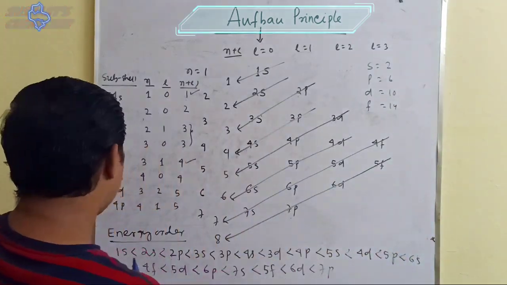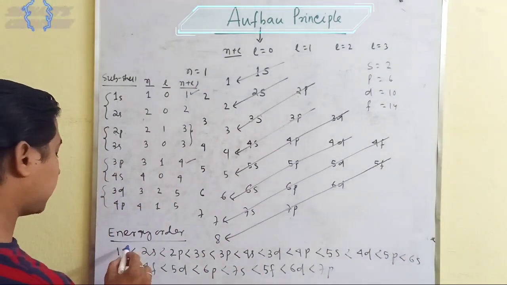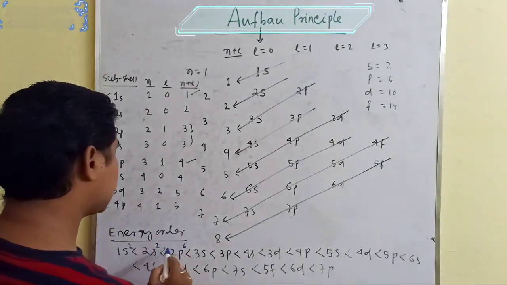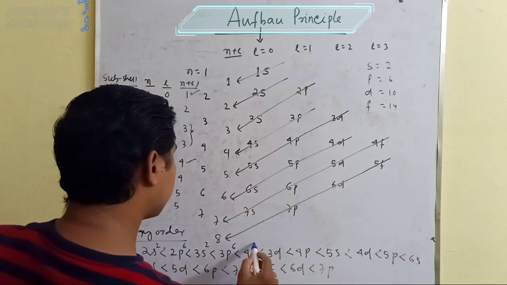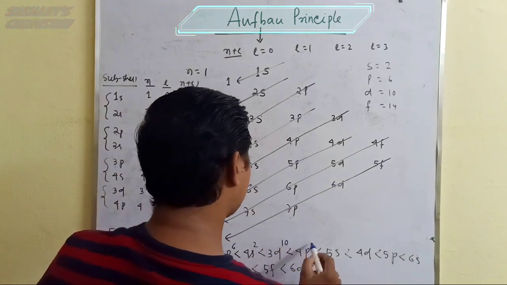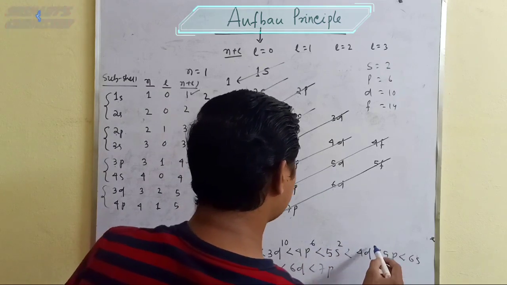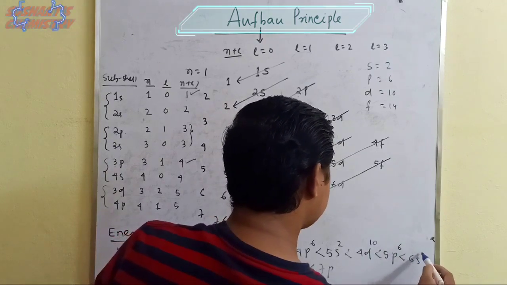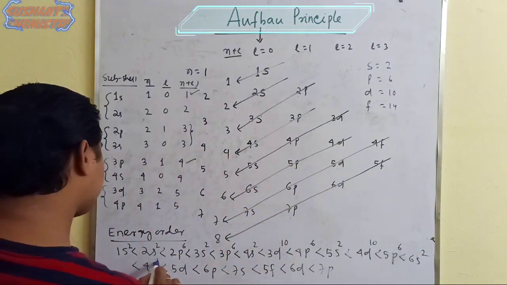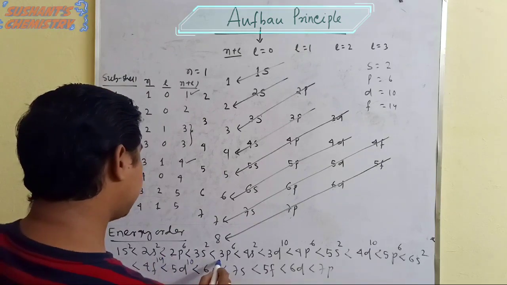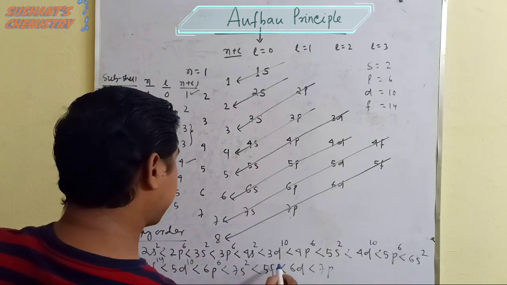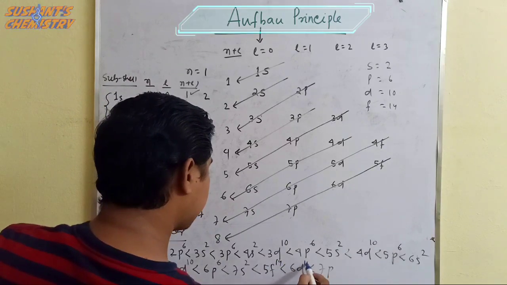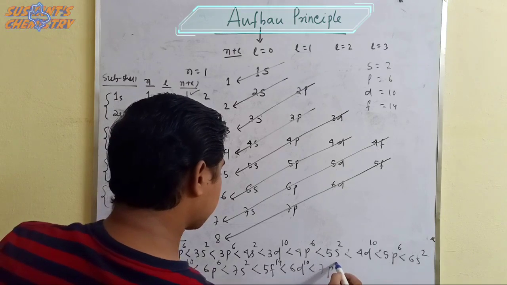That is, for the s orbital, 1s2. Similarly, 2s2, 2p6, 3s2, 3p6, 4s2, 3d10, 4p6, 5s2, 4d10, 5p6, 6s2, 4f14, 5d10, 6p6, 7s2, 5f14, 6d10, 7p6.